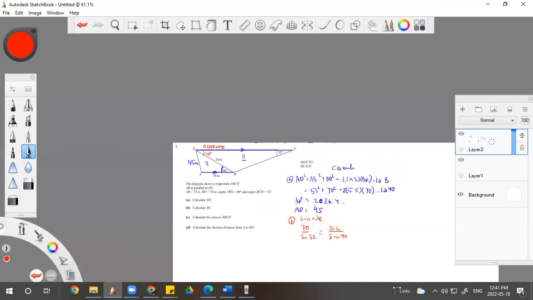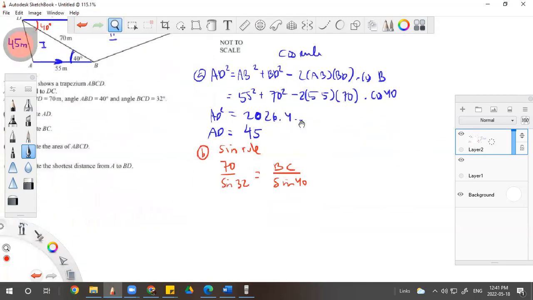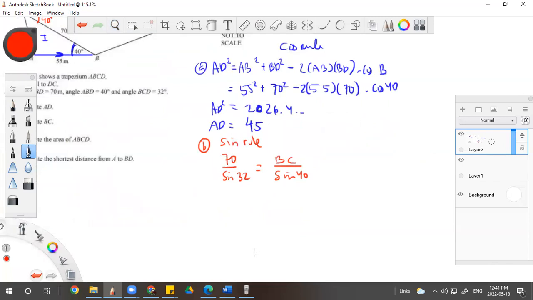And then how do you calculate BC? Simply put the sine 40 on top. Do the cross multiplication, it's better: 70 times sine 40 over sine 32.